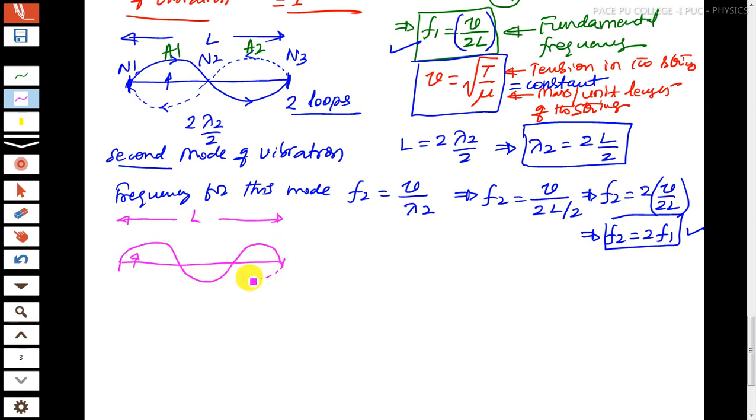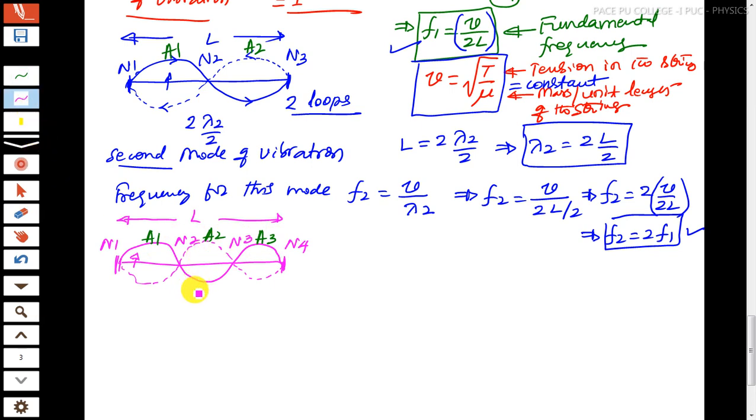When the wave is reflected back, it will go like this and come back here again. Now see how many nodes I am getting: N1, N2, N3, and N4. So I am getting 4 nodes and 3 antinodes, A1, A2, A3.